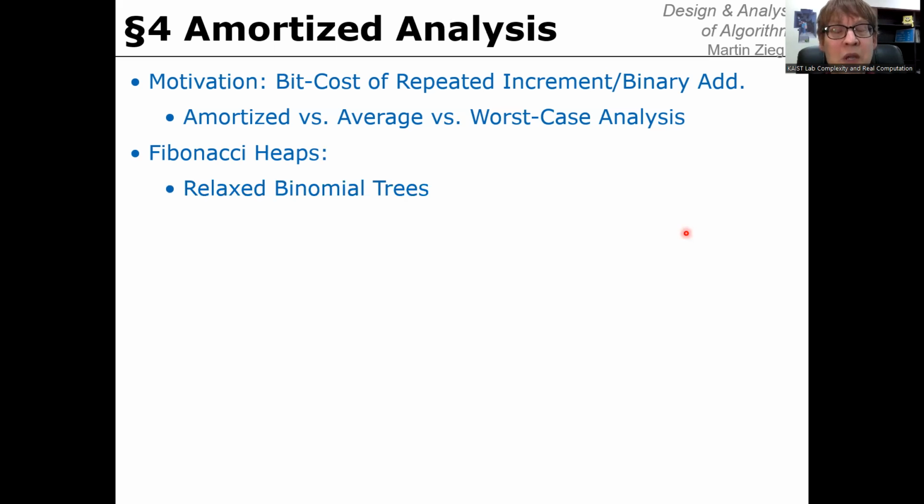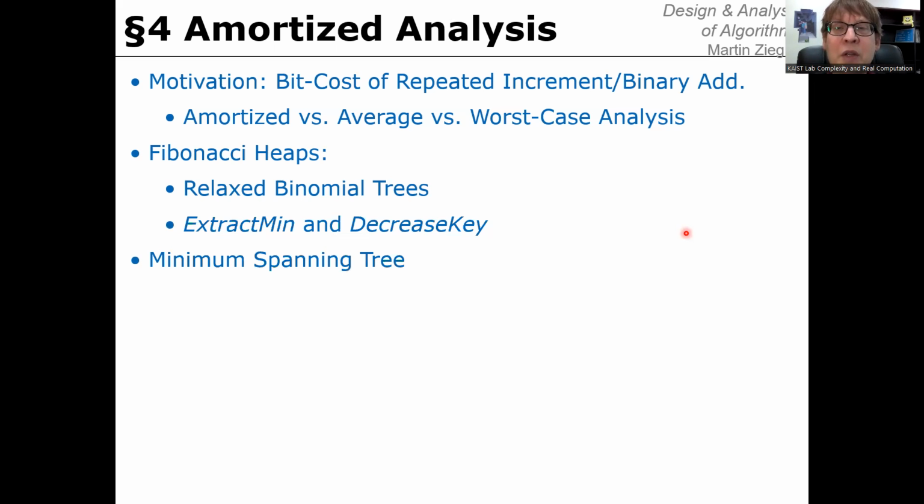Then we're going to recall the operations supported by Fibonacci heaps, with particular emphasis on the interesting new ways of realizing the extract min operation and the decrease key operation, so that in particular the decrease key operation turns out to have constant amortized cost, and the extract min operation is the only one that has super constant amortized cost, namely logarithmic amortized cost.